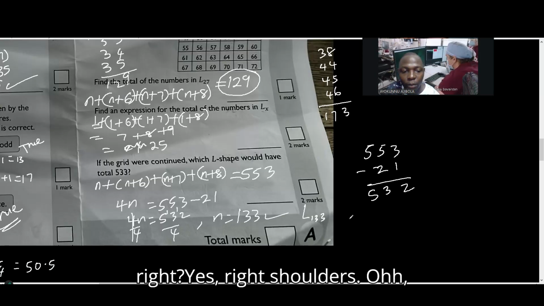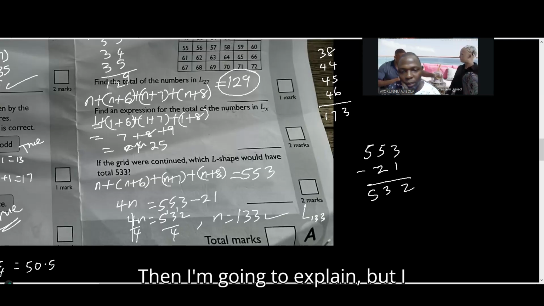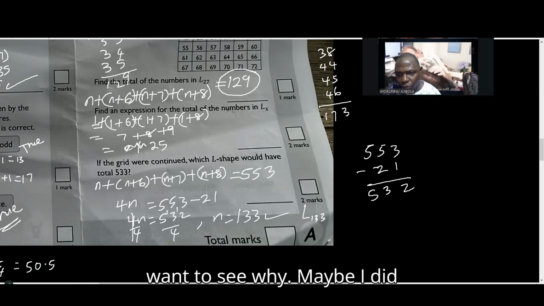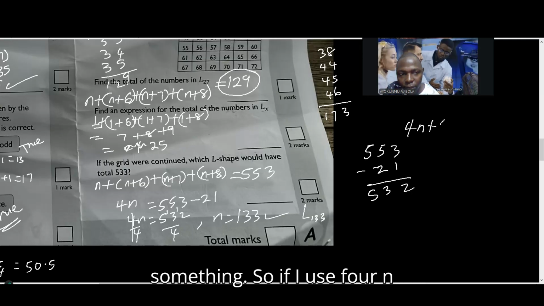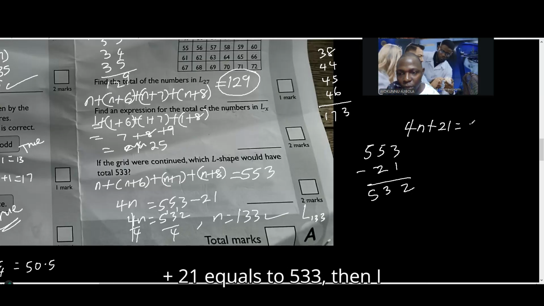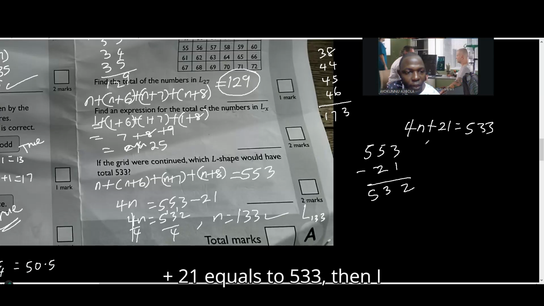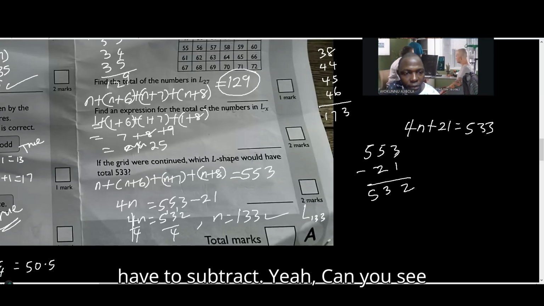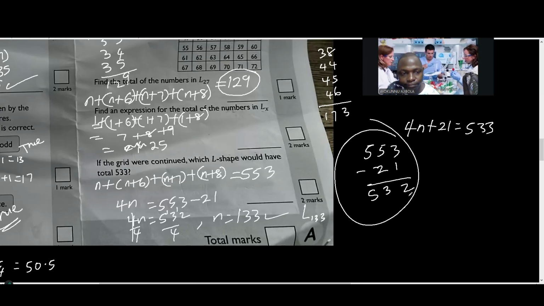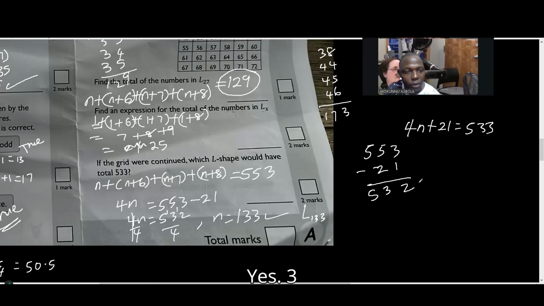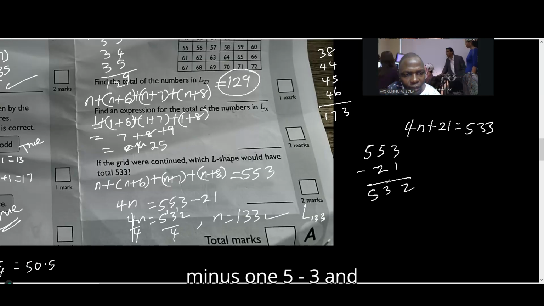Wait, how do you solve this? Hold on, I want to see why maybe I did something wrong in the subtraction. If I use 4n plus 21 equals 533, then I have to subtract. 533 minus 21 is 512.